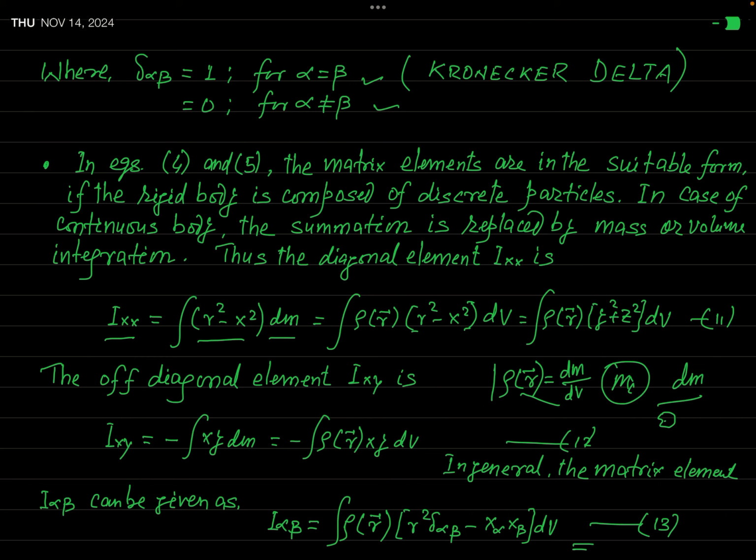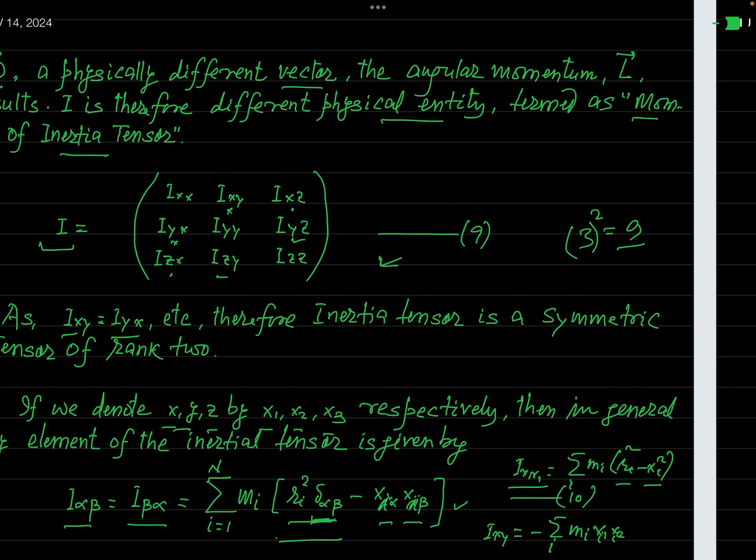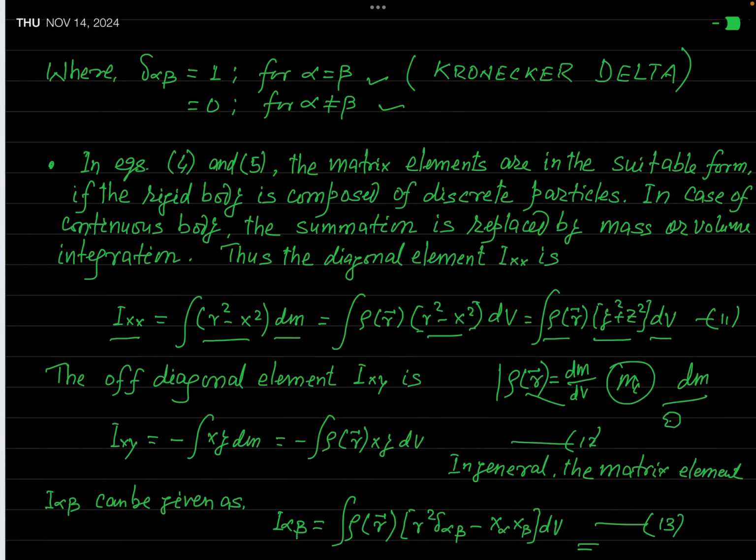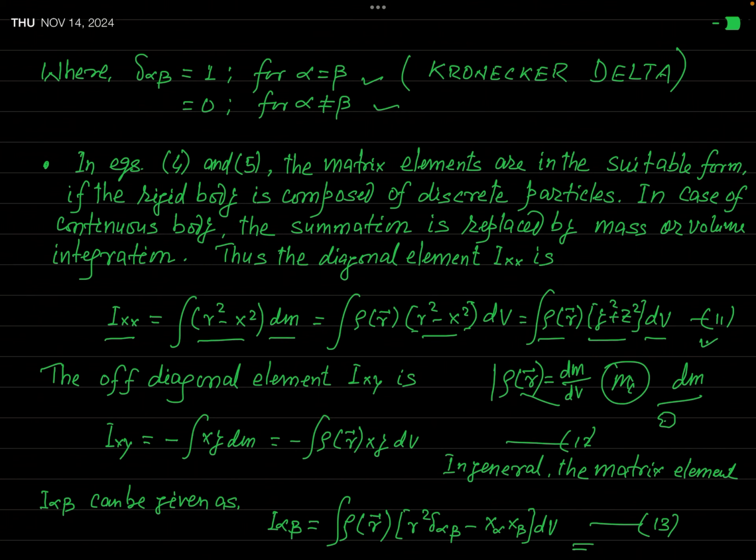So instead of dm, you can write rho times dv. But you know, r square minus x square, as you have seen earlier, is equal to y square plus z square. So in this condition, you can obtain the diagonal elements, that is Ixx, Iyy and Izz. These elements can be obtained using this equation 11, okay.